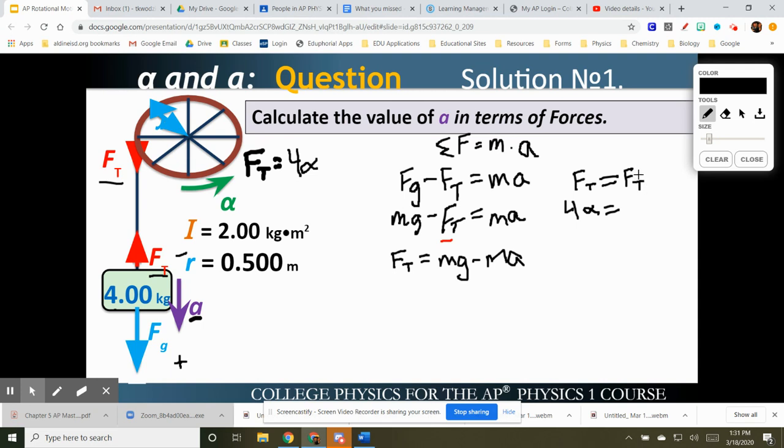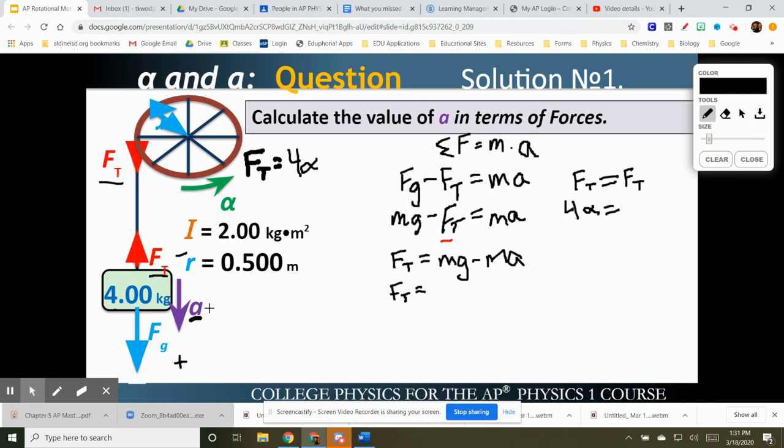Okay, so I want to solve for Ft in the block. So that's our end goal: we calculated the force of tension in the pulley and the force of tension in the block, knowing that these two force of tensions should be equal to each other. And from that big concept of the force of tension being the connector in the system, that's how I can get all the way to A, okay?